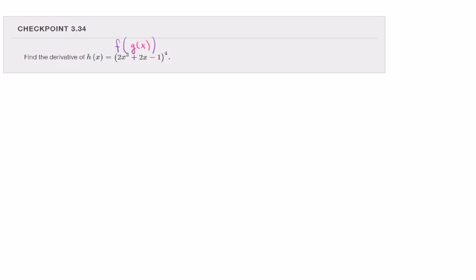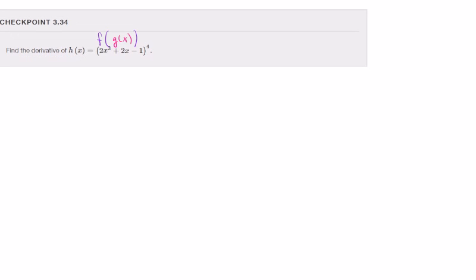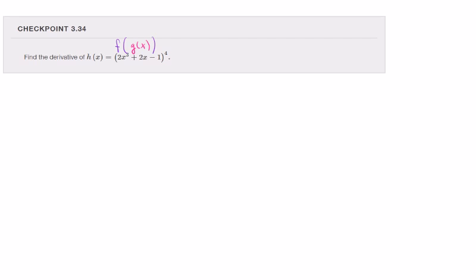And this would be problematic, right? If I was using the skills that we have now, we don't really have an answer for how to find the derivative of that, right? We could multiply it by itself 4 times and then use the product rule, but that would be pretty tedious, right? That would be a long process using the product rule 4 times.